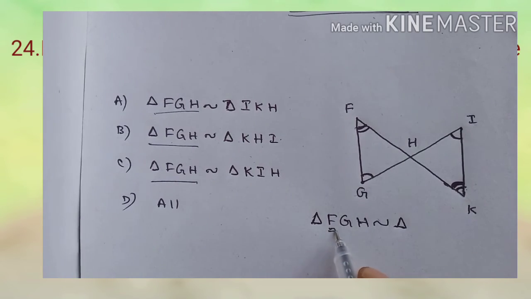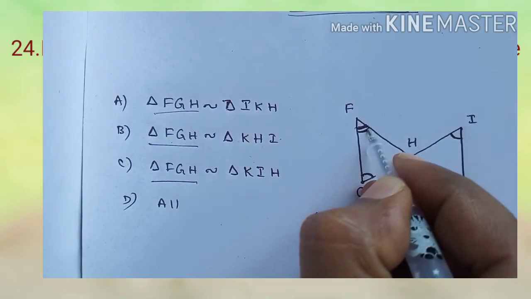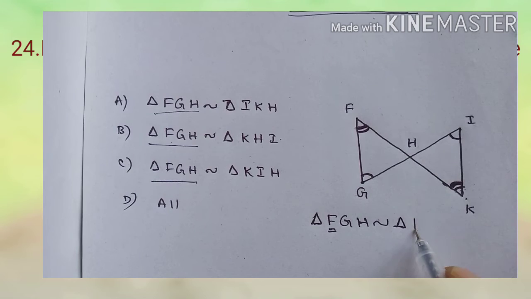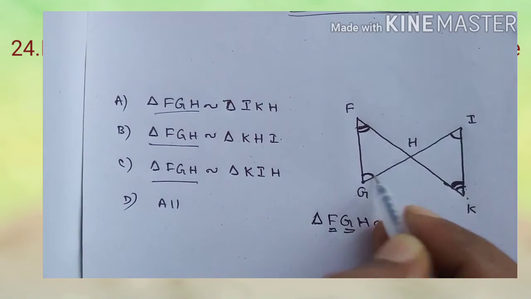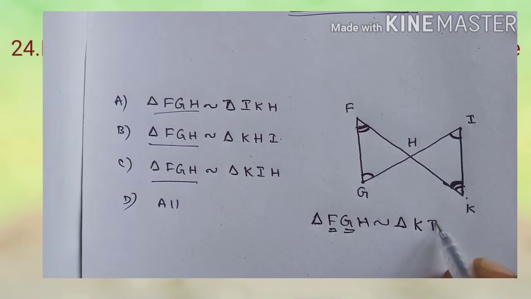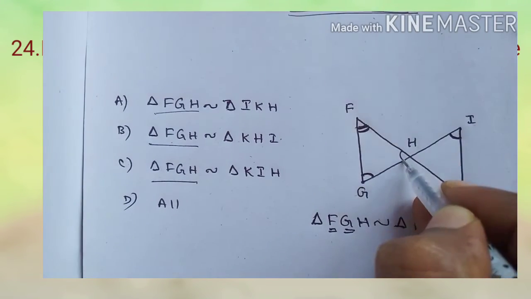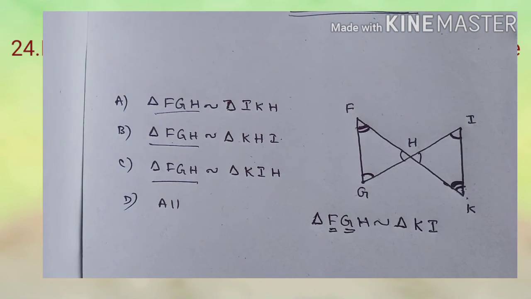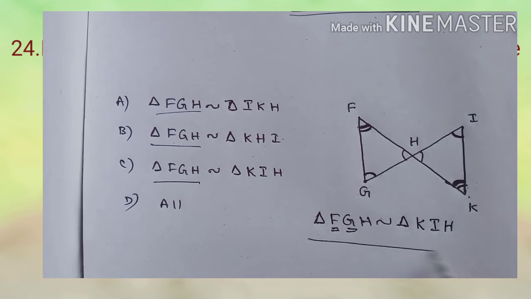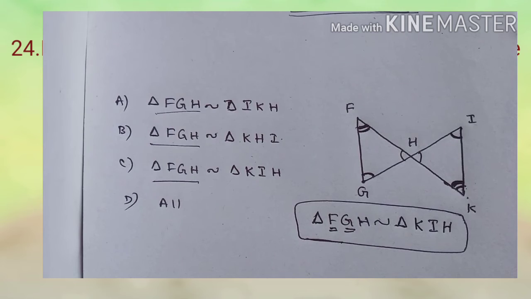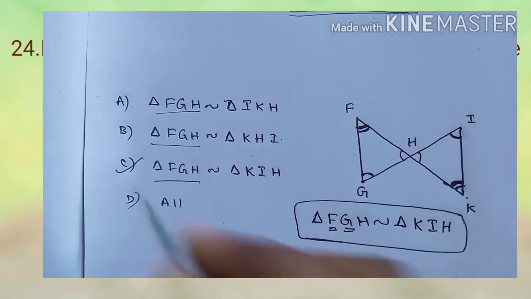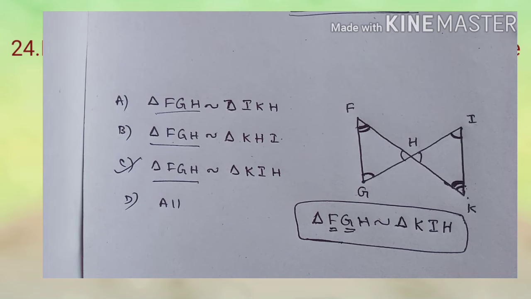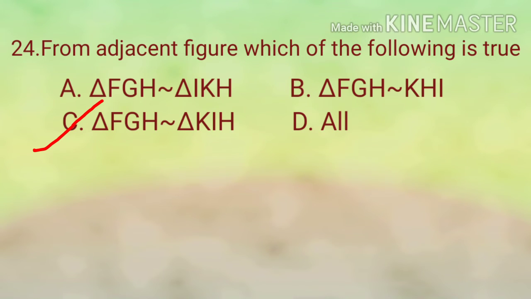First, angle F is the double angle given here, so it is K. Next, angle G is a single angle, that is I. The third one automatically: the angles are vertically opposite angles, so both are H only. So FGH is similar to KIH, so option C is correct.